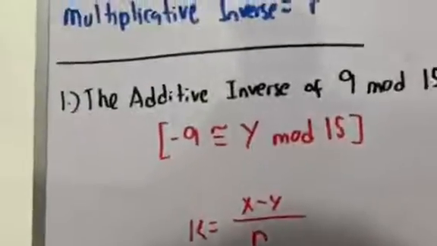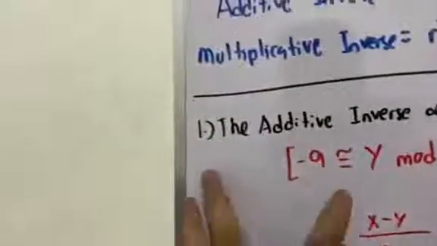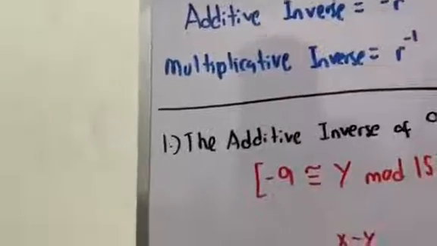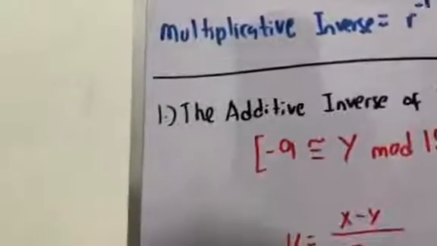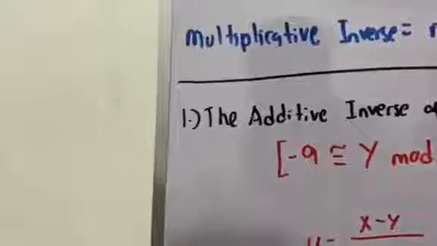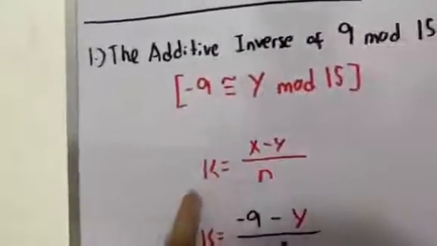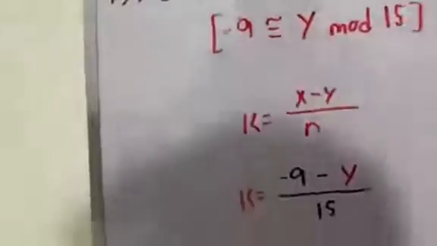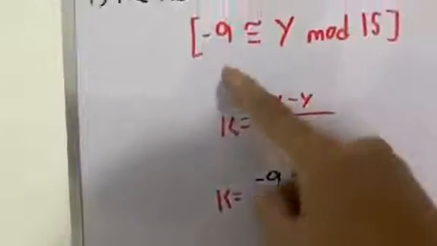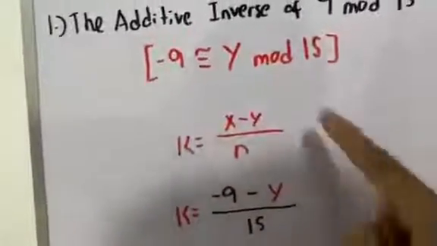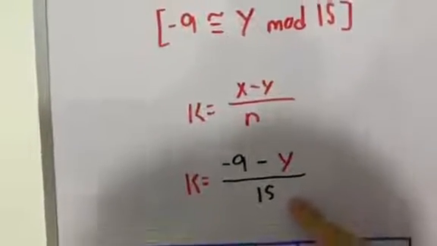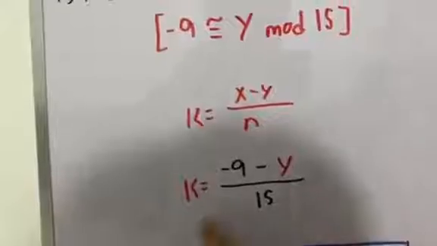Remember, the only way that the value of y can make this expression valid is if, when applied to this formula with their variables, the result of k would be a whole number. Therefore, let us try and apply. So x will be negative 9, y is just y, and mod 15 is n. So we need to find values of y that will make k a whole number.